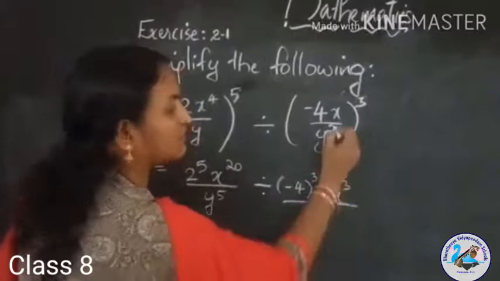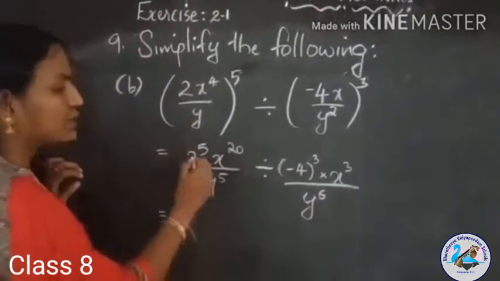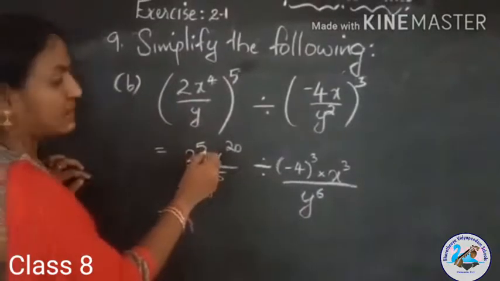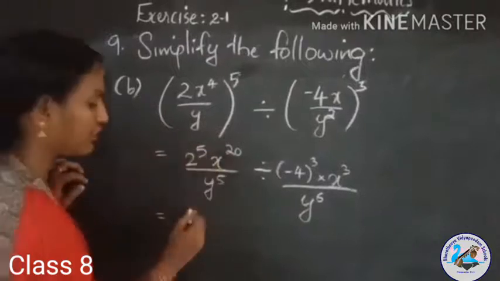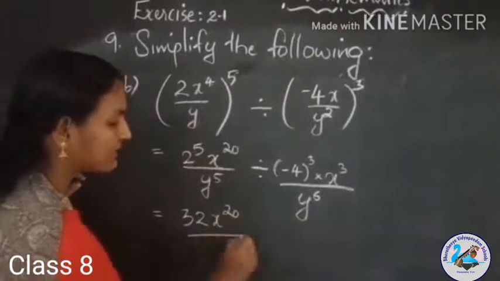So y raised to 2 into 3, 6. 2 raised to 5 is 2 multiplied 5 times, so 2 cube is 8, 2 square is 4, 8 into 4, 32, x raised to 20 divided by y raised to 5.